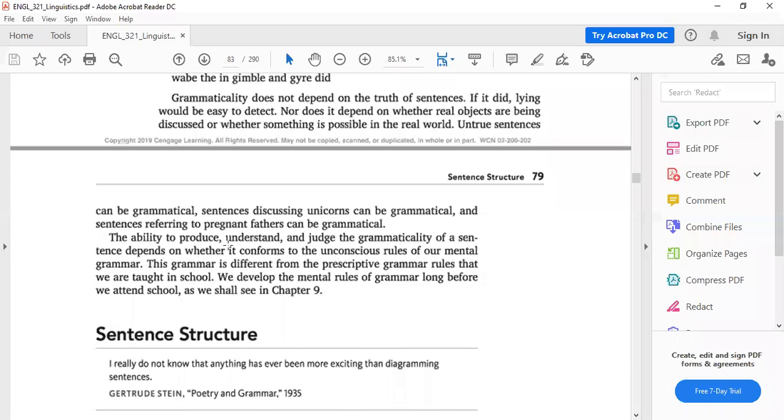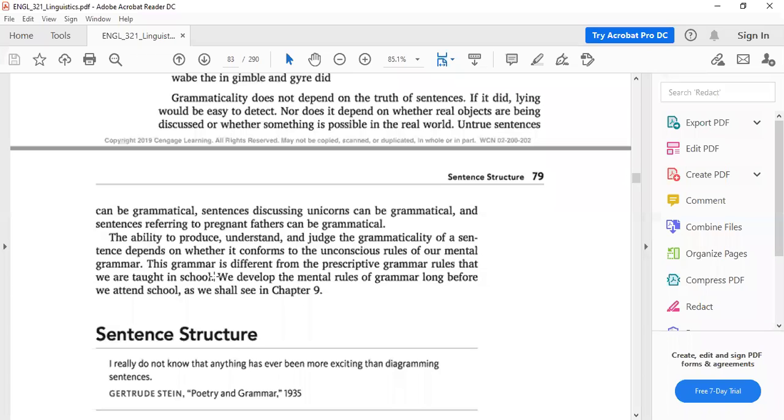Okay, and this mental grammar is different from the prescriptive grammar rules that we are taught in school. So, you know the prescriptive grammar, do you still remember that? Yes, of course. The prescriptive grammar is something that we need to learn. Say this, don't say this. This is okay, this is not okay. The prescriptive grammar is the grammar that tells people how they should speak according to some standards, according to rules.